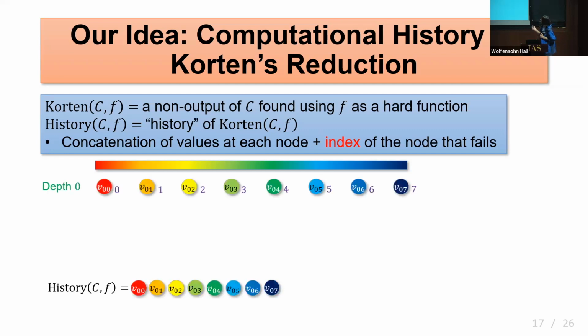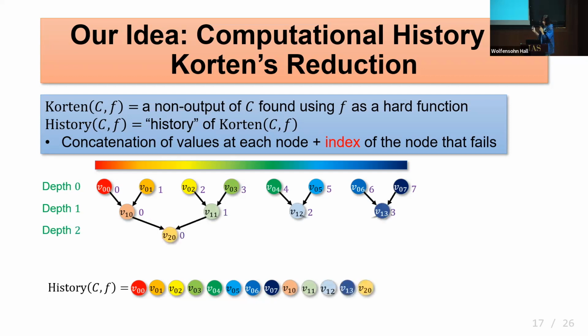First, we write down the original truth table into the history, and then each time we compress successfully, we add the newly added node into the history like this. And when we fail, we add the failure symbol into the history, and then everything afterwards is the failure symbol.